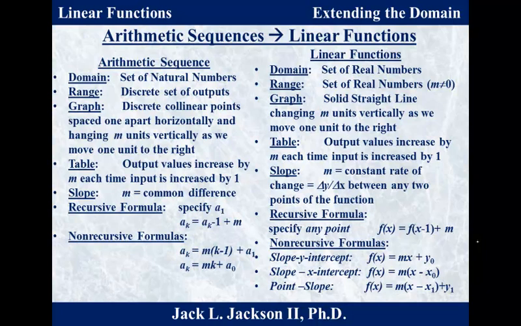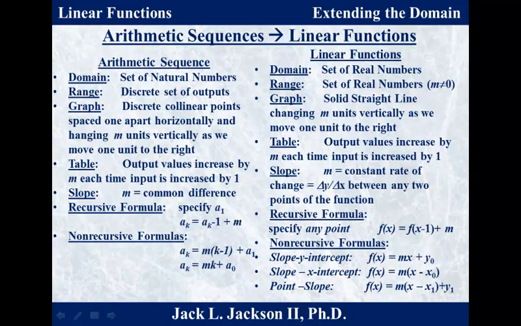For arithmetic sequences, we can see this adding the slope each time in the form of a recursive formula. We specify the first term, a1 equals some number, whatever a1 is, and then to get a sub k, it is a sub k minus 1, plus m. That's a typo. That should say k minus 1 should all be in the subscript. I'll fix that before I print it out for your notes. So a sub k equals a sub (k minus 1), with the k minus 1 all in the subscript, plus m.